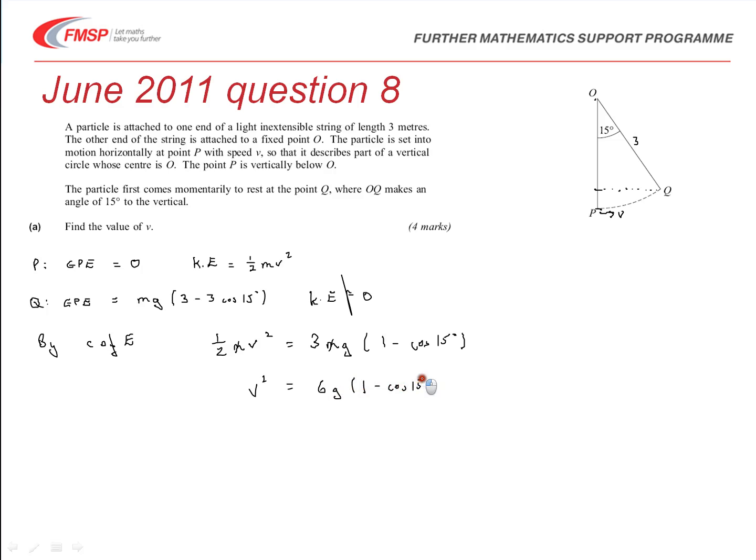We know that g is typically taken as 9.8 meters per second squared, so we can substitute that value in and then square root the answer to give us the value of v, and so if we do that we will get an answer of 1.42 to 3 significant figures. Okay, and that will be meters per second.